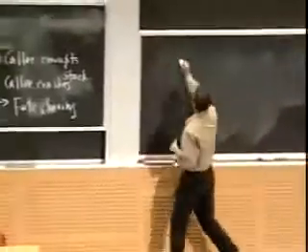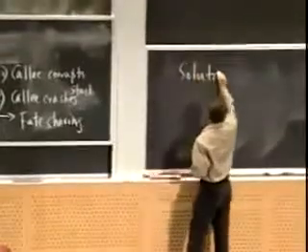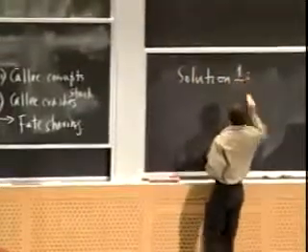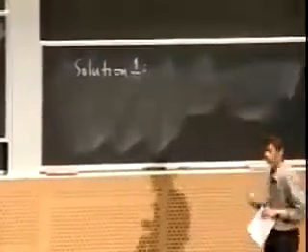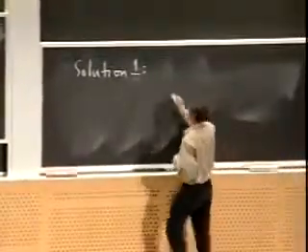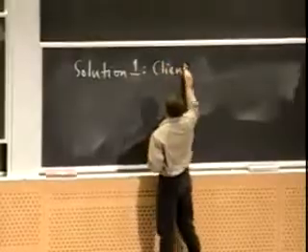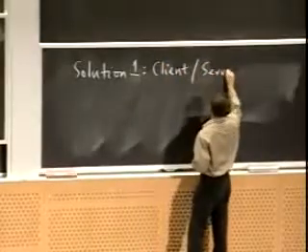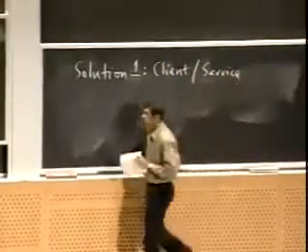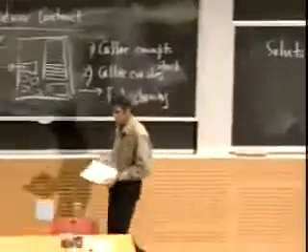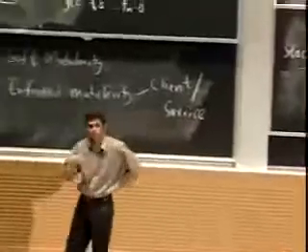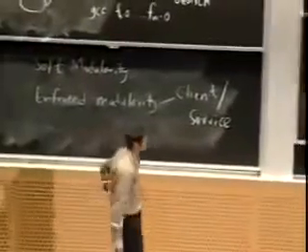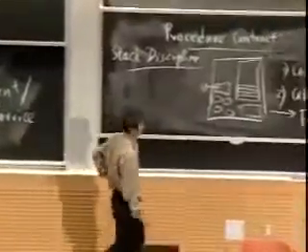And the first solution we're going to discuss is a way of organizing callers and callees into an organization called client service organization. And the main idea is going to actually involve a different abstraction by which callers and callees communicate with one another from the abstractions we've seen already.